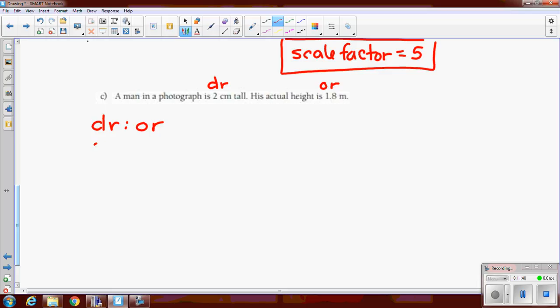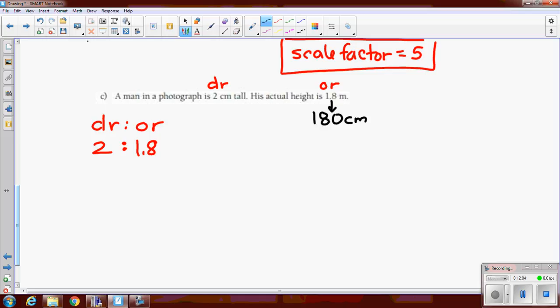We could say 2 centimeters in the drawing is 1.8 meters on the actual man. So this would be one scale statement. Another thing that we could say is, well, we know that 1.8 meters, we should know from grade 10, is 180 centimeters.